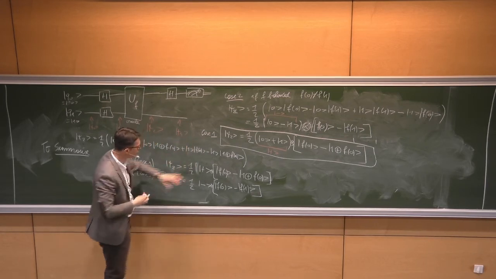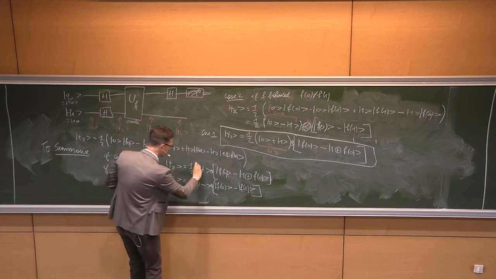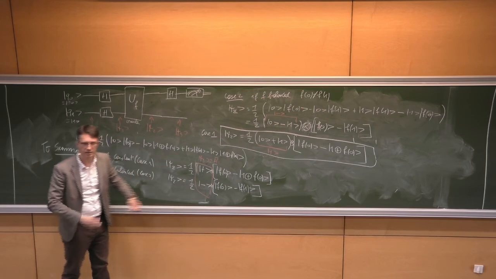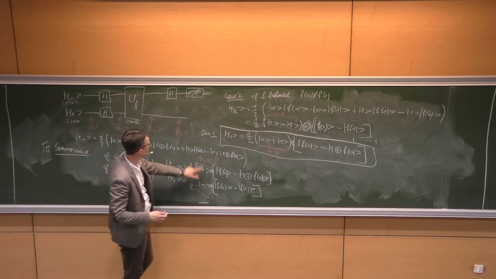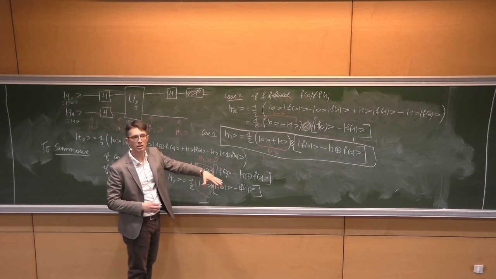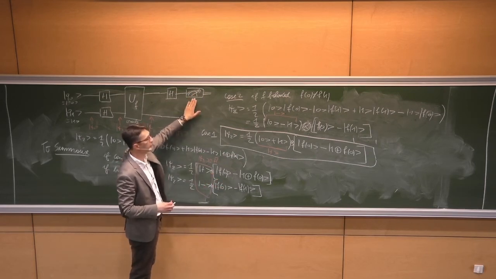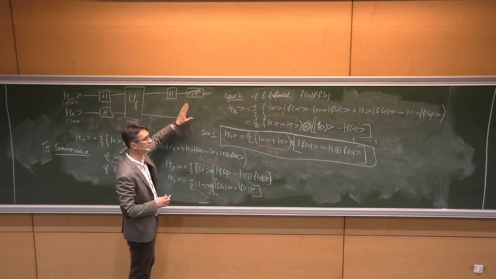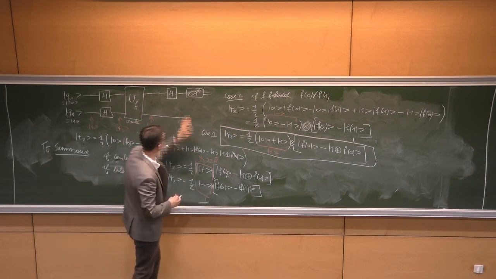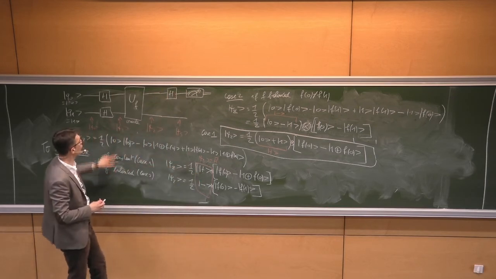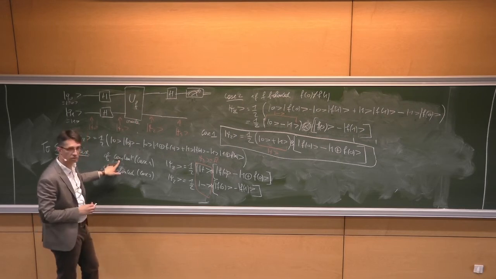So psi 3 only applies on this qubit, where I do a Hadamard gate, and the Hadamard gate will transform a plus into a 0 and a minus into a 1. And all I need to know there is whether I have a 0 or a 1. Because if I have a 0, that means before the Hadamard gate I was in a plus state. That means, therefore, through this transformation, I had a constant function.